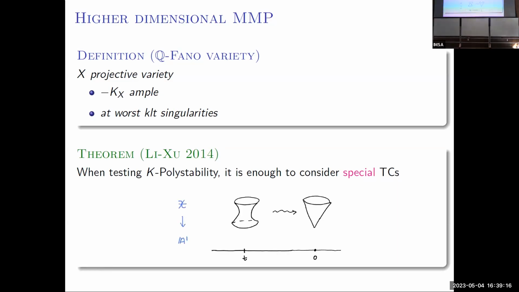Special test configurations are those for which the special fibers are Q-Fano varieties. As I said, when we define test configurations, the special fiber could have many reducible components and very bad singularities. However, for the purpose of checking Kähler-Einstein metrics or K-polystability, it is enough to consider the degenerations that are mild, for which the central fiber is a Q-Fano variety.